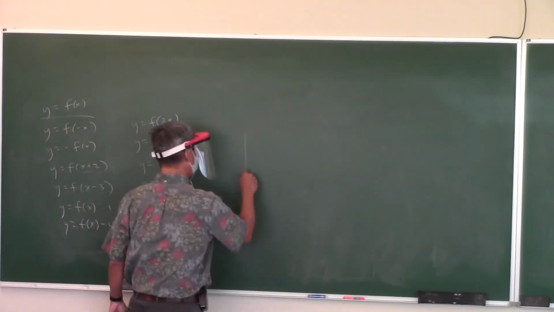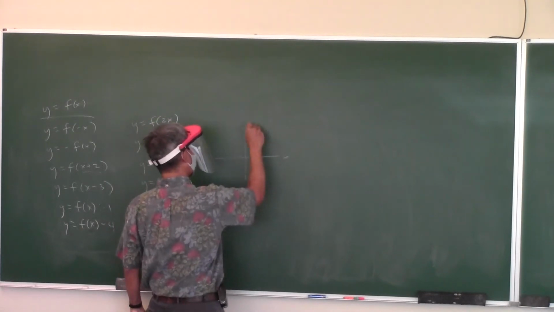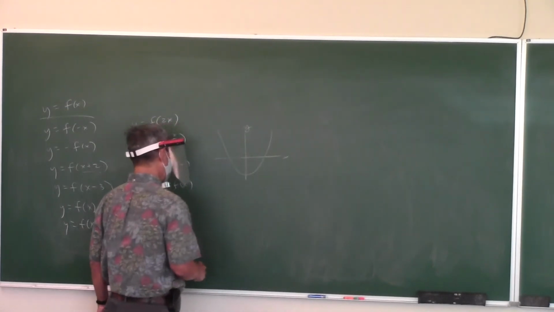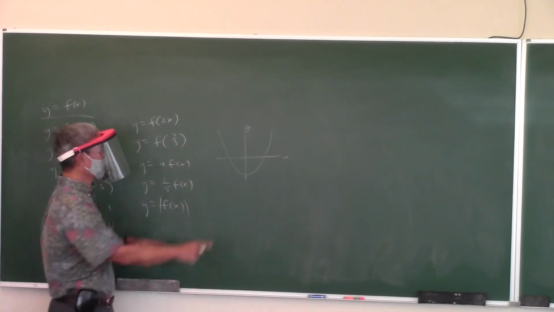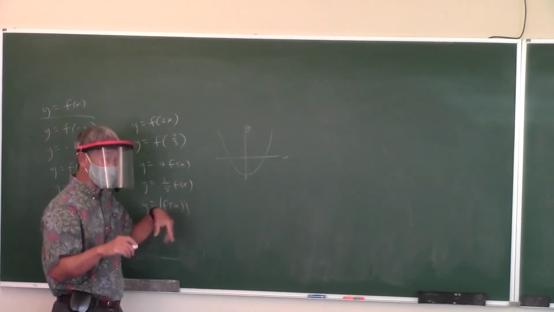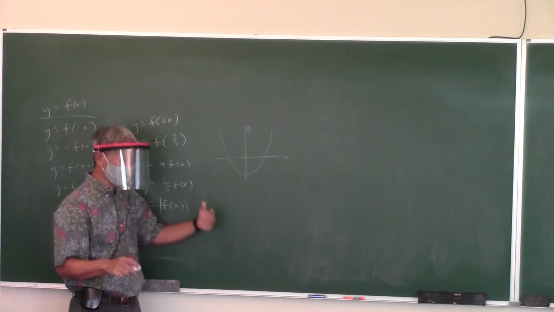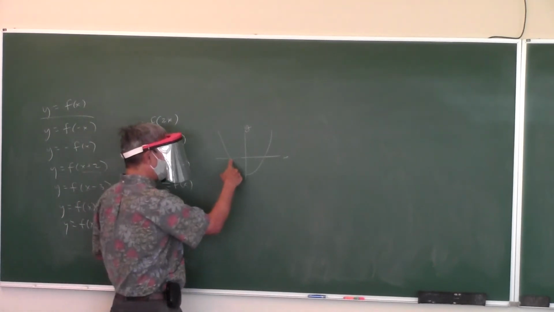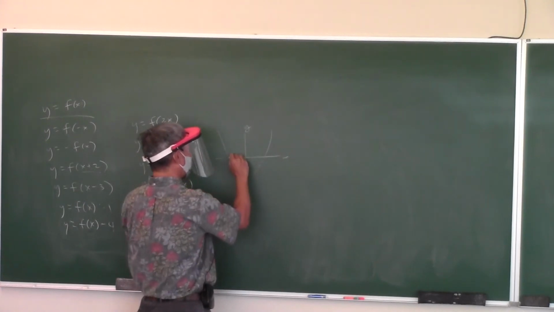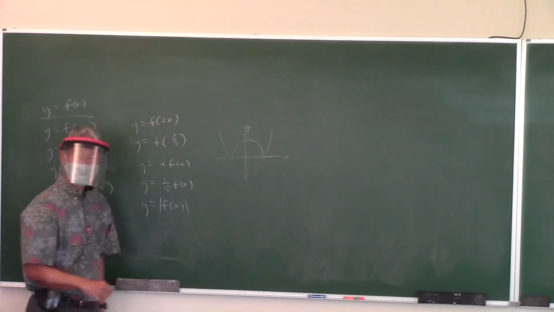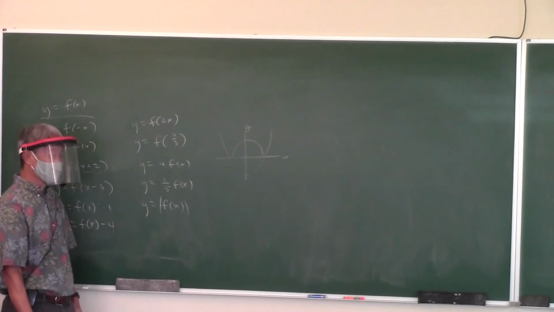We need an example. Suppose you have a graph that looks like this. If I put the absolute value on the whole function, what is that going to do to it? Everything above stays the same. See, when it's positive, you leave it alone. Remember absolute value. But if it's negative, you negate it. So what's going to happen? Everything below gets reflected above. Boom. That's how you graph this.